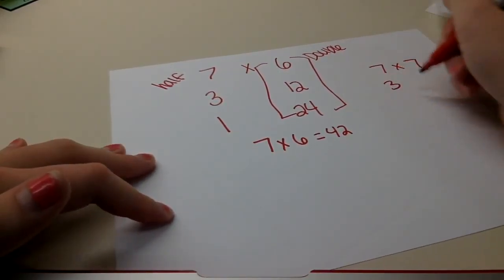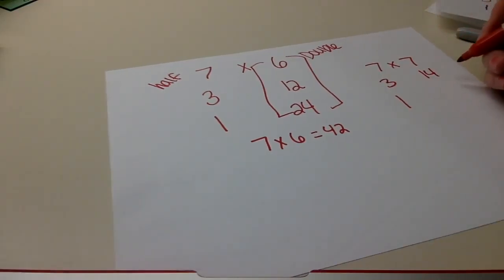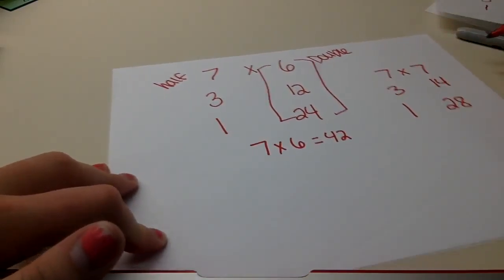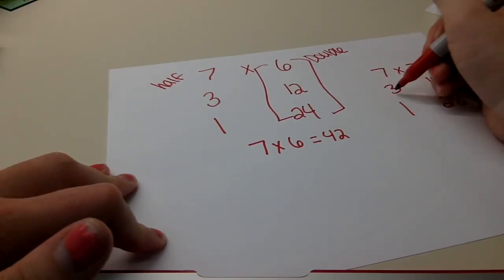That gives us 3, 1, 7, 14, and 14 times 2 is 28. So it's all odd again.